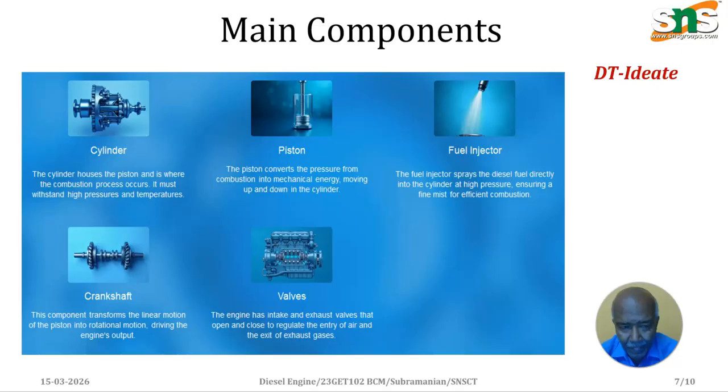The crankshaft transforms the linear motion of the piston into rotational motion. The valves play an important role in controlling the fuel or air mixture to be inlet and the exhaust gas to be outlet.